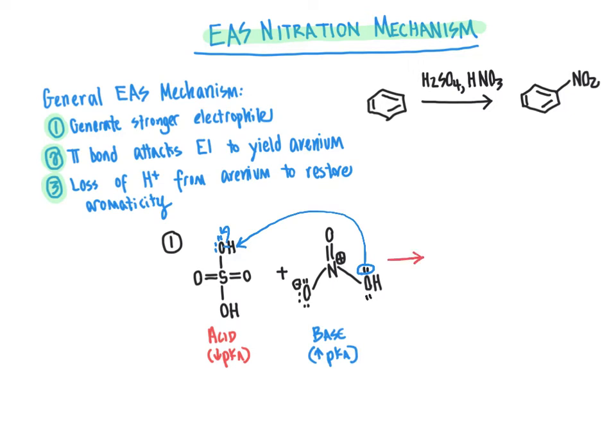So the outcome of this is that we will have, as a consequence, our deprotonated sulfuric acid as the conjugate base. So I'm going to go ahead and draw that with our oxygen anion here. We will also generate, as a result of this reaction, our protonated nitric acid as the conjugate acid here.